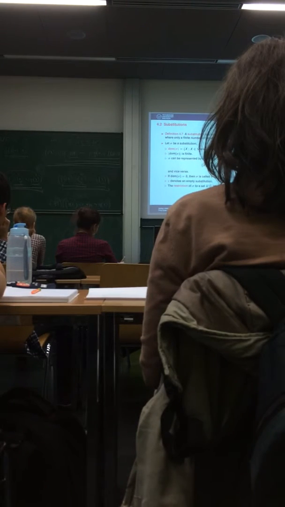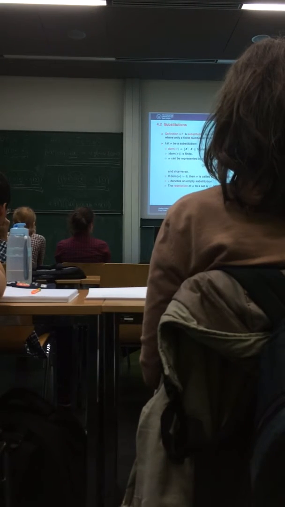If you map variables onto terms, then of course you can map x to x, because x is a variable and a term at the same time. So we will look only at mappings where only a finite number of variables is not mapped to itself. All the other mappings are not of interest for us.